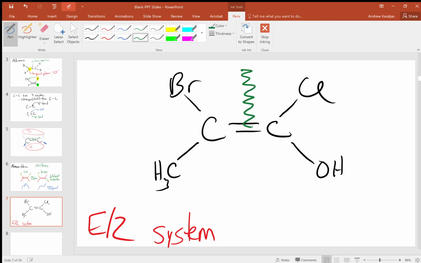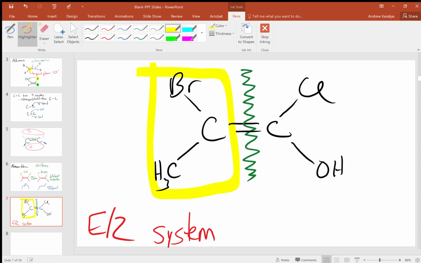And we're going to do that in the middle of the double bond. Now, let's focus on the left side first. The carbon on the left of our alkene is bonded to two things. It's bonded to a bromine, and it's bonded to a methyl.